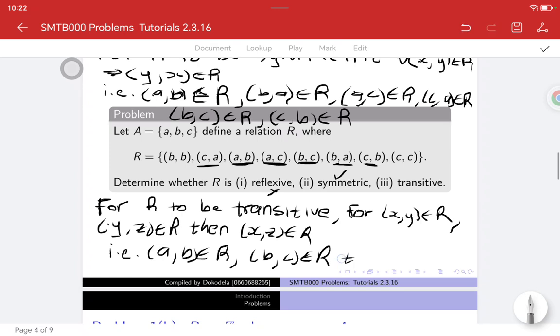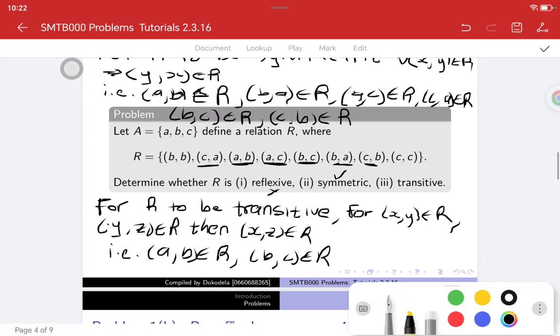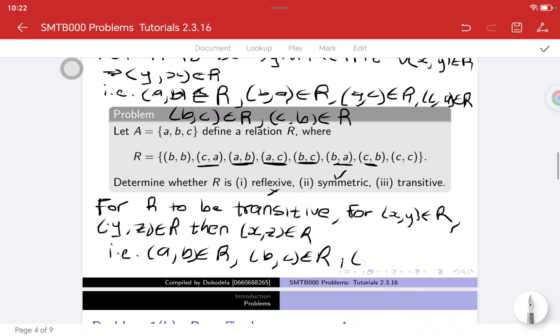So I don't have to write it out here, you can just say AC is an element of R. So we see that they are all there. Hence, R will be transitive.